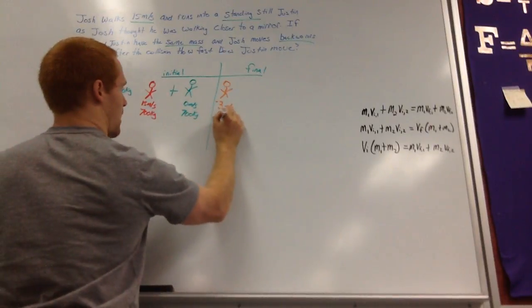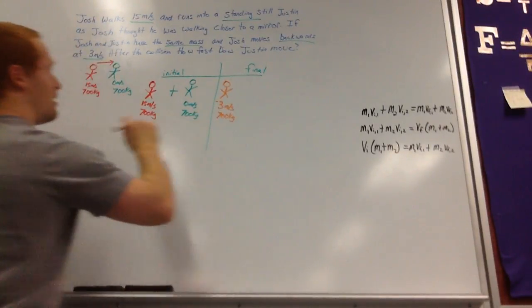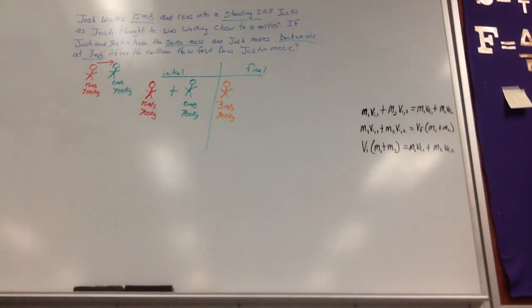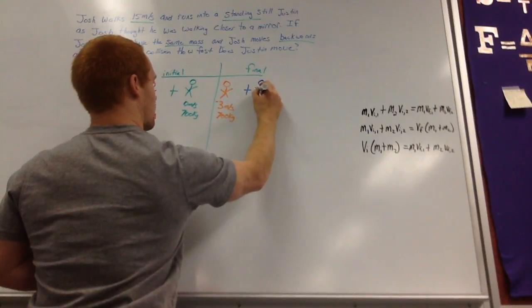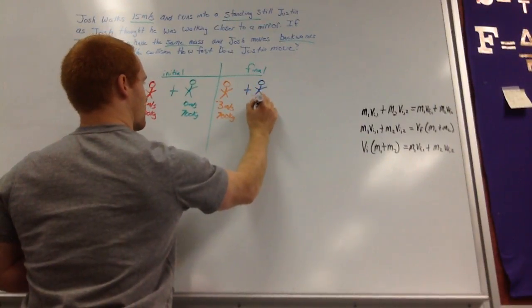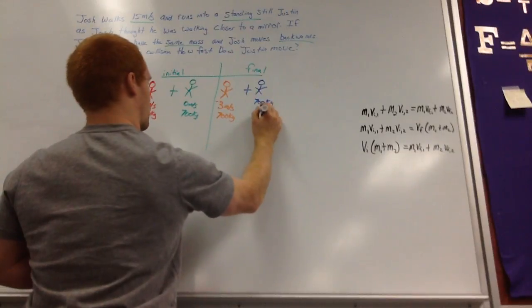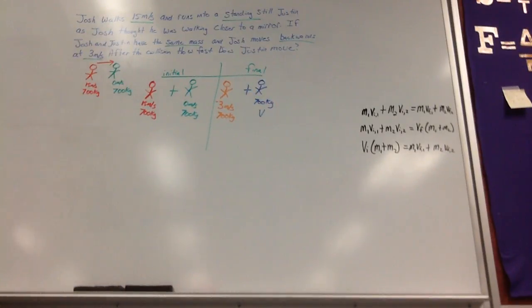And he's going to keep his mass. It's asking for what Justin's velocity would be. So I'm going to have to draw another picture so we can solve for Justin's velocity. If he has a mass of 700 kilograms, we're going to be looking for that velocity that he is traveling at.